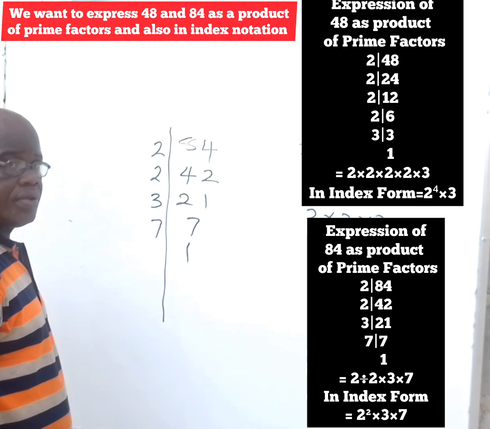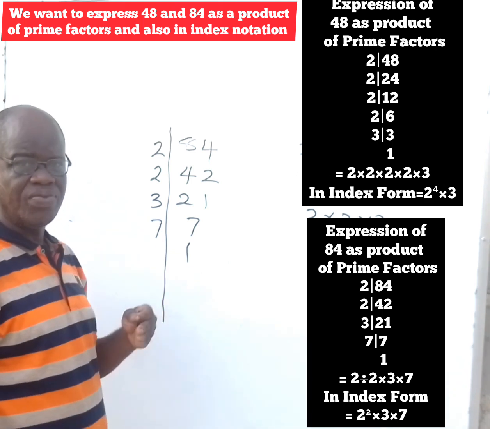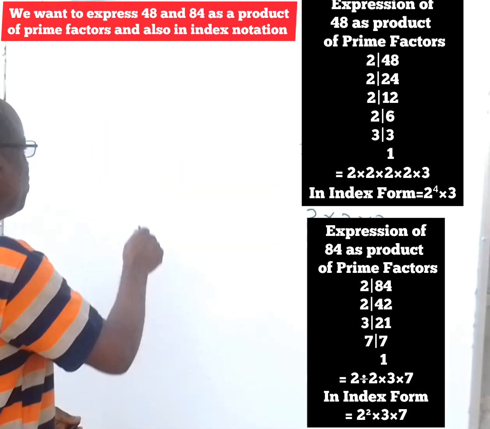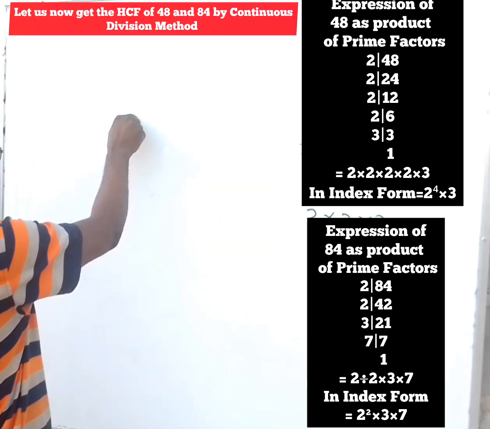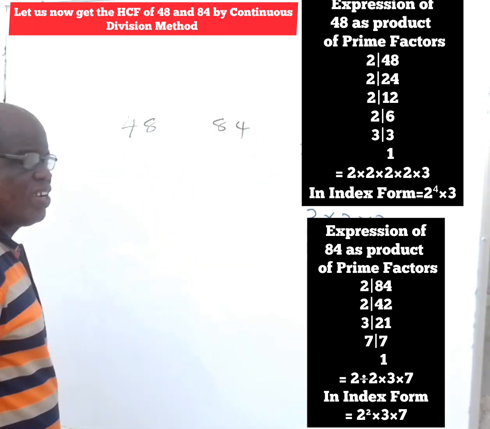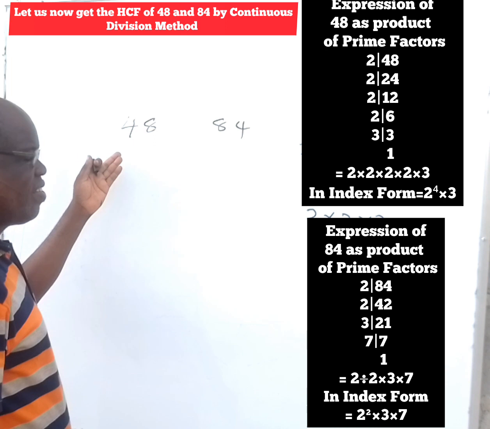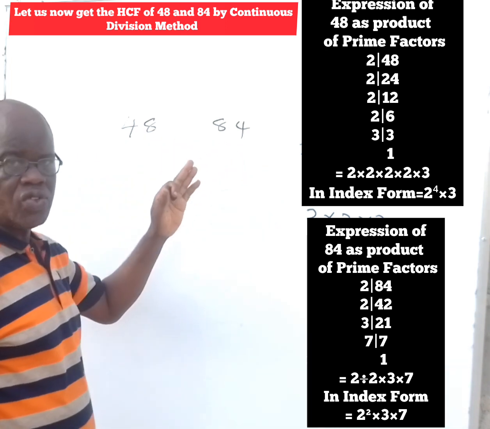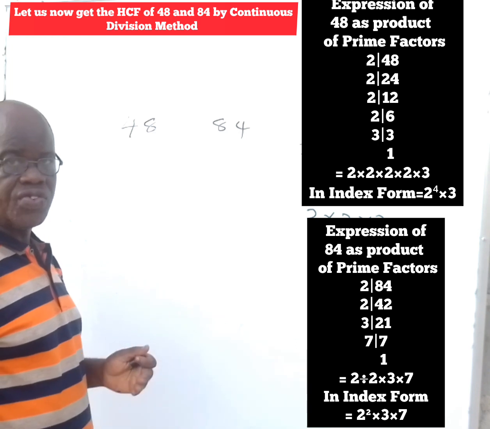Now, you want to see how we find the HCF and the LCM of numbers. Let's first of all find the HCF of 48 and 84. Now, the first method I want to use is what we call continuous division method.